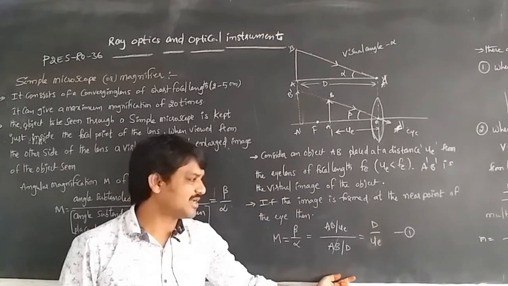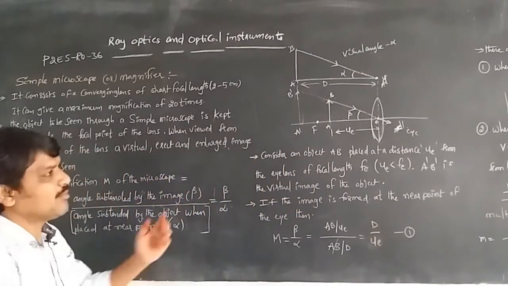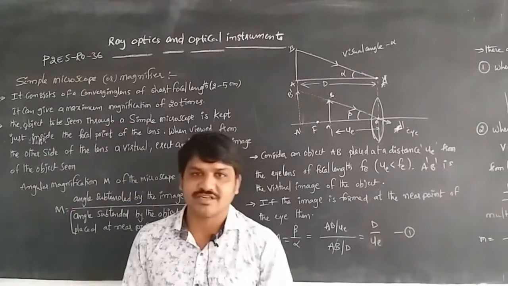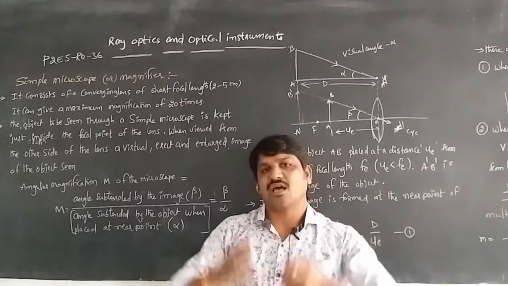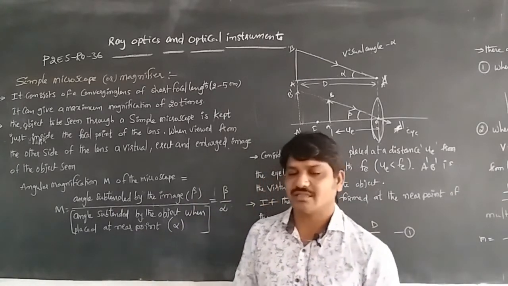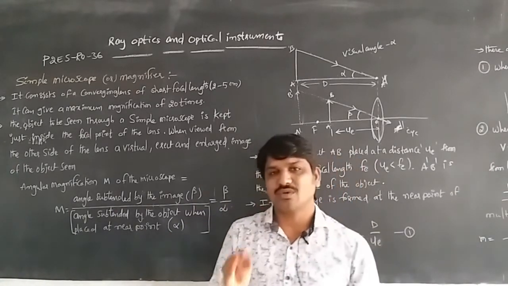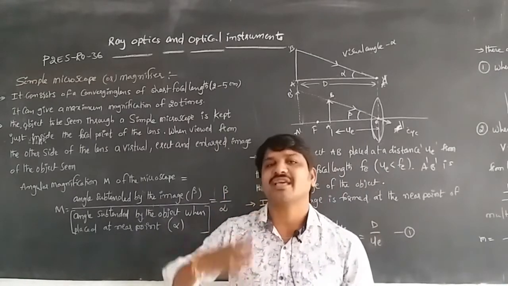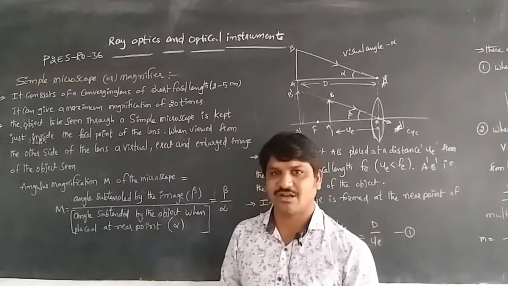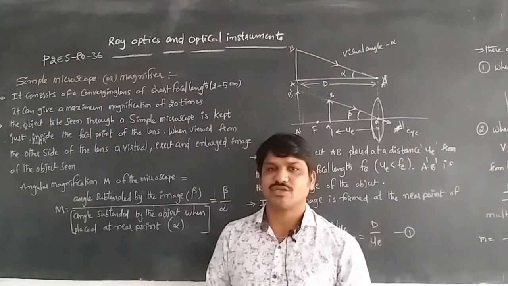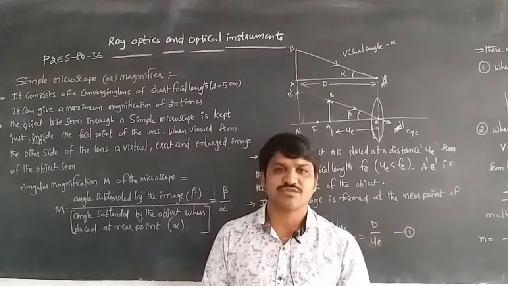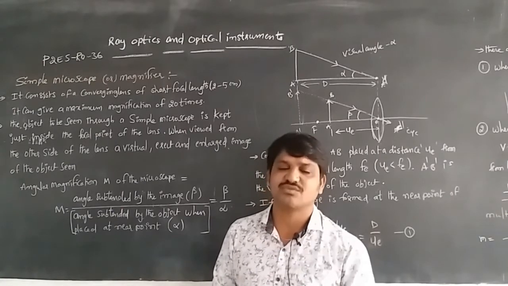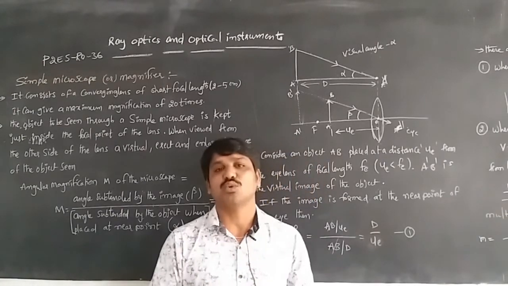Once again, by taking a convex or converging lens as a simple microscope, teeny objects can be seen as a larger image, and a virtual, erect image is formed on the side of the object. The convex lens has the least focal length, 2 to 5 centimeters, and can magnify the image about 20 times.